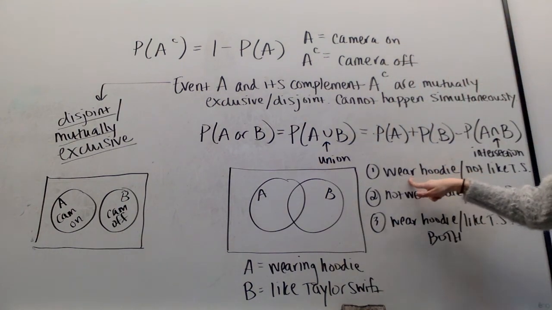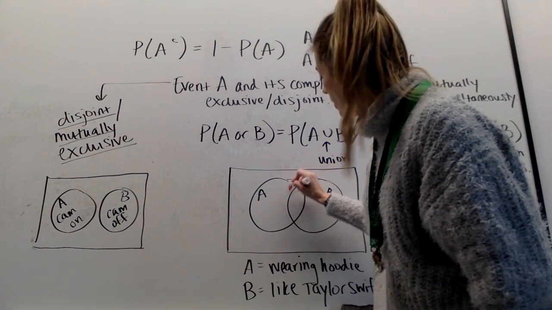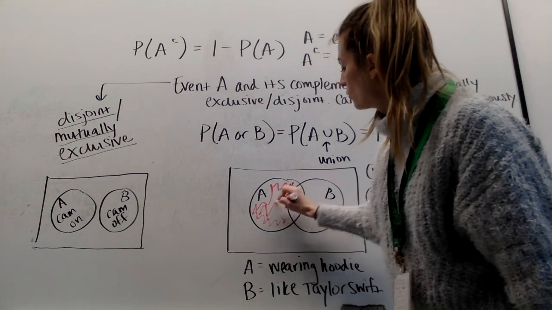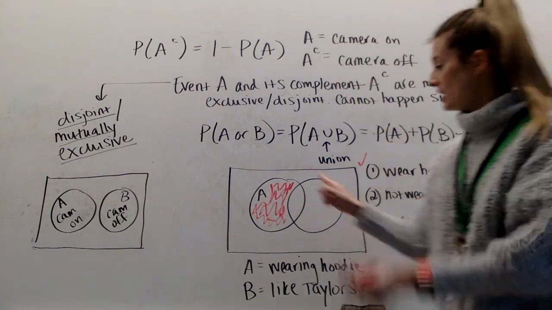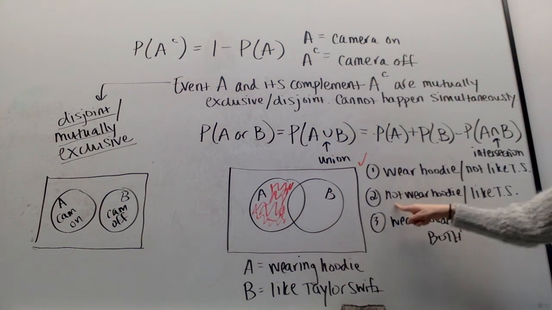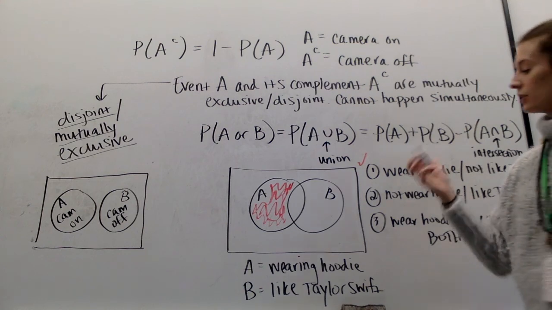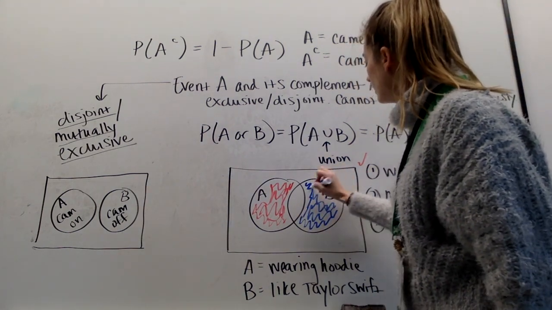You could be wearing a hoodie, but not like Taylor Swift. Where do you fall? You fall in this part, this crescent part of circle A. Or you could fall into this category. You're not wearing a hoodie, but you do like Taylor Swift. You would fall in this crescent here.